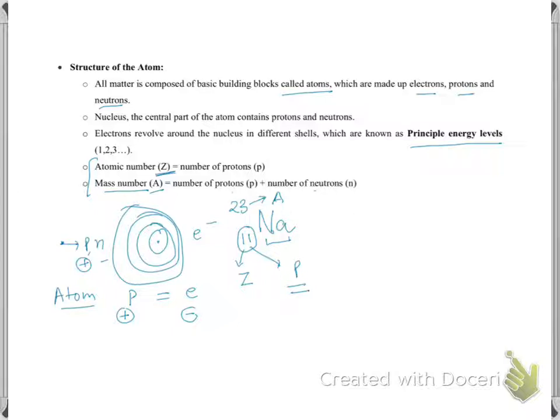So it has 23 total protons and neutrons. If we know the mass number and the atomic number, we can find the number of neutrons by mass number minus atomic number, and that gives 12.